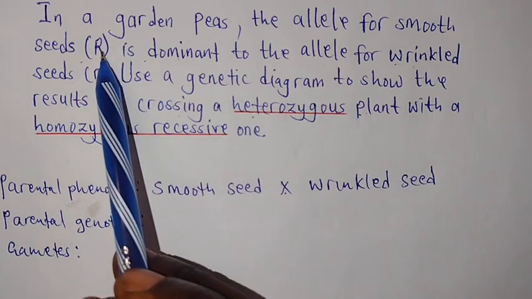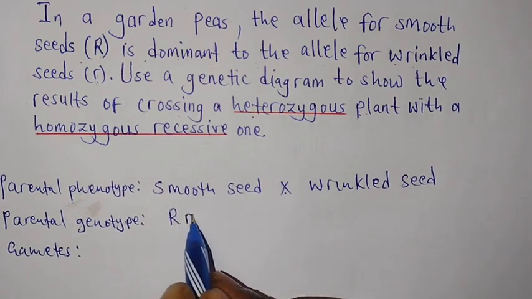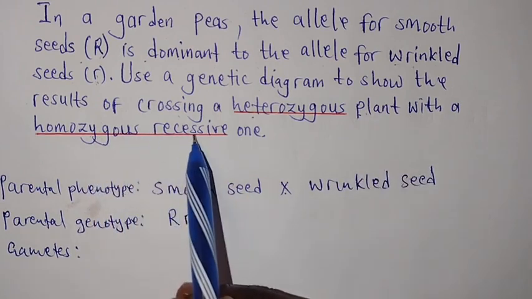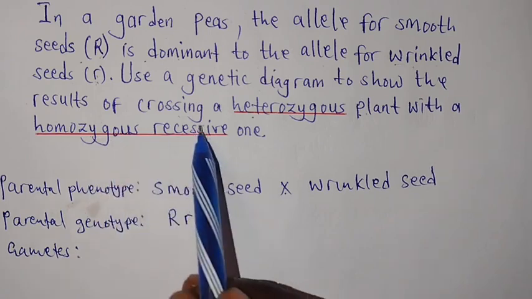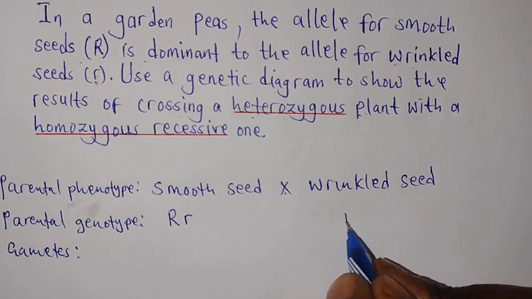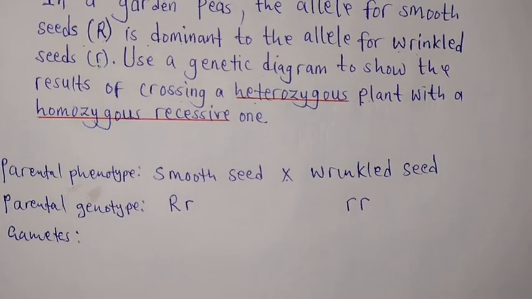Remember, we have dominant and recessive, so the different alleles will be Rr. Then the wrinkled seeds, since we are crossing with homozygous recessive, homo means same, recessive one, small letter, so it is going to have rr. Very important to understand that part.